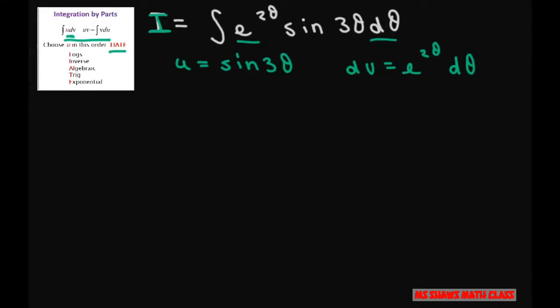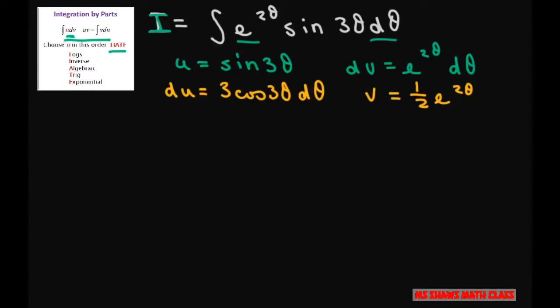Now we have to find the derivative of u, which is just 3 cosine of 3 theta d theta, and our v, the antiderivative of that, is just 1/2 e to the 2 theta.